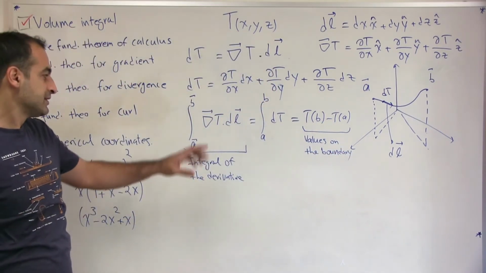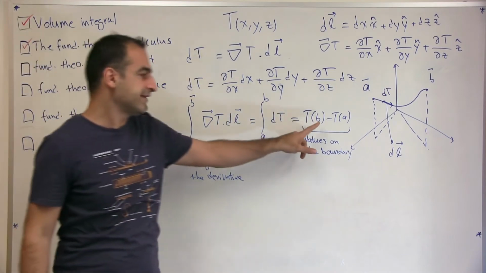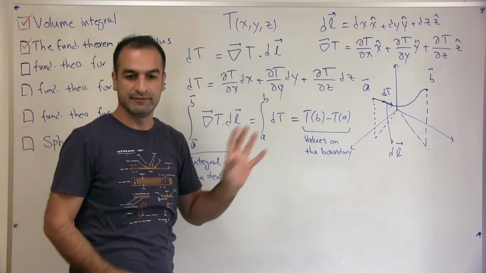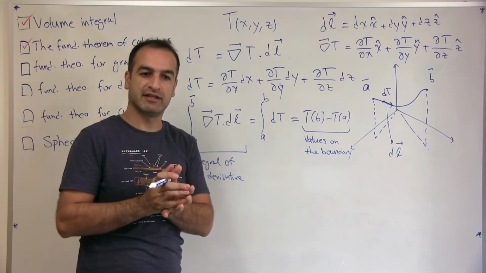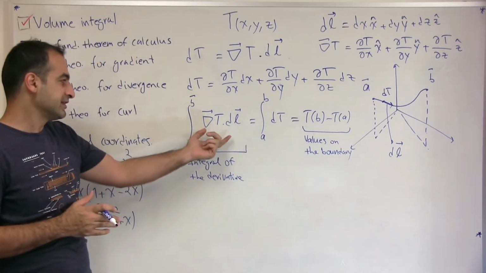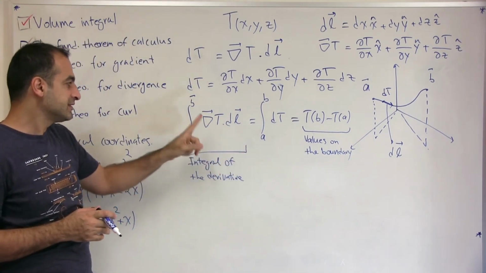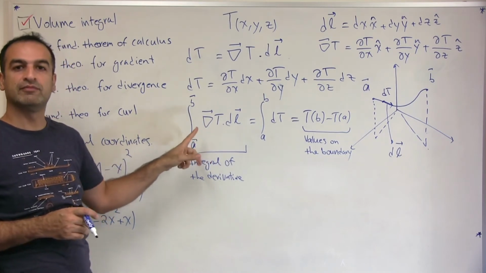Sounds good? So the integral of the derivative gives the values on the boundary. In a way, this is very similar to the one-dimensional case. We integrated a derivative. The only difference is that the derivative here is in the form of gradients.